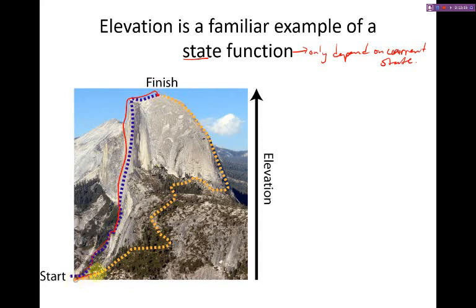Or we take the more roundabout path. Both of those, as long as we end in the same spot, are at the same elevation. It doesn't matter which path we took. What does change, however, is the distance that you traveled. So the distance traveled is not a state function, while elevation is.